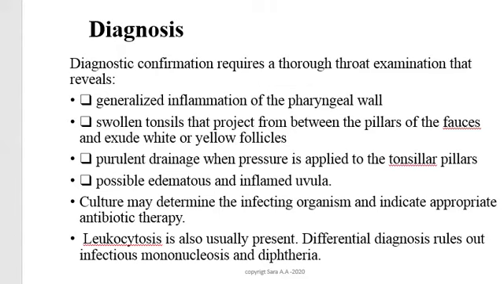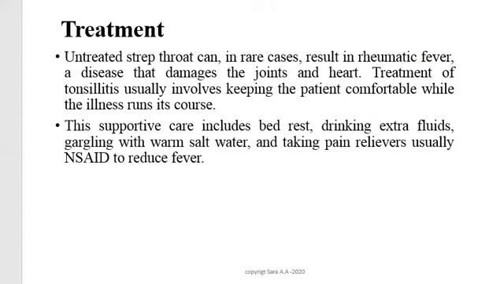Culture may determine the infecting organism and indicate appropriate antibiotic therapy. Leukocytosis is also usually present. Differential diagnosis rules out infectious mononucleosis and diphtheria. It's very important to distinguish it from them. Treatment: untreated strep throat can in rare cases result in rheumatic fever.